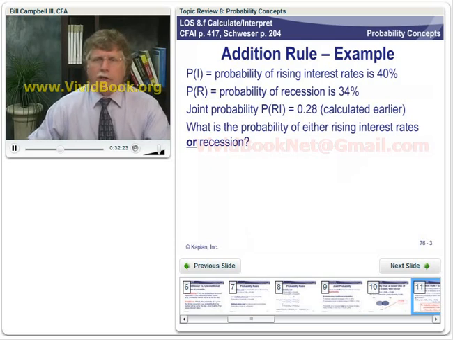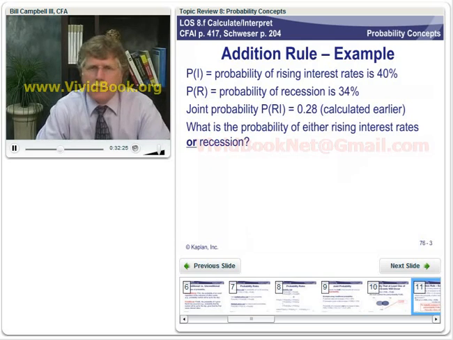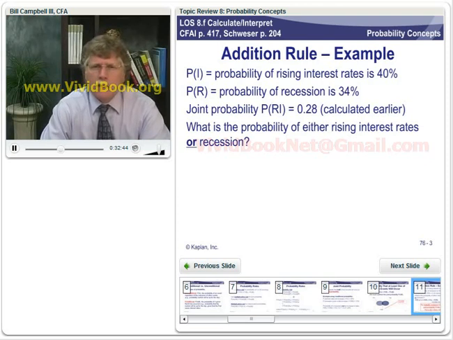Okay, how can we use this addition rule? Well, let's get some information here. The probability of rising interest rates, 40%. The probability of a recession, 34%. The probability of both a recession and rising interest rates is 28%. We calculated that a few slides ago. We're using the same data. So what's the probability of either rising interest rates or recession? And remember, when we say this, it means either rising interest rates or recession or both.